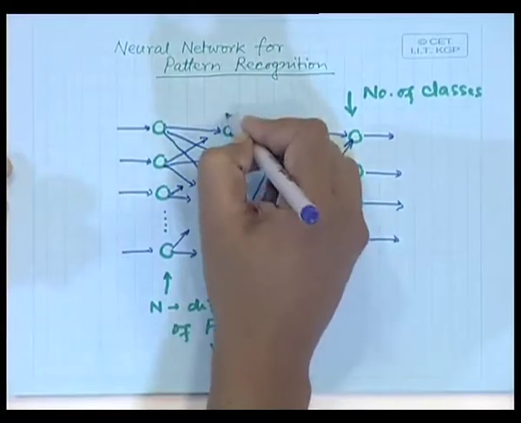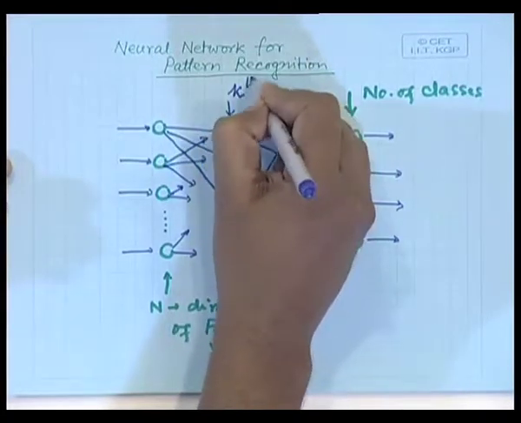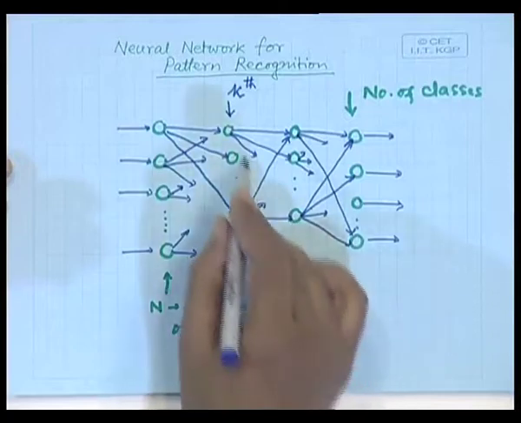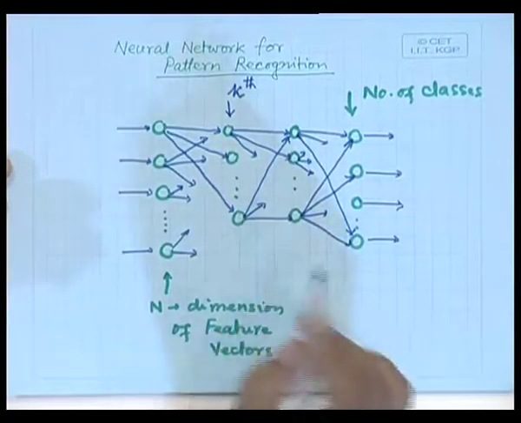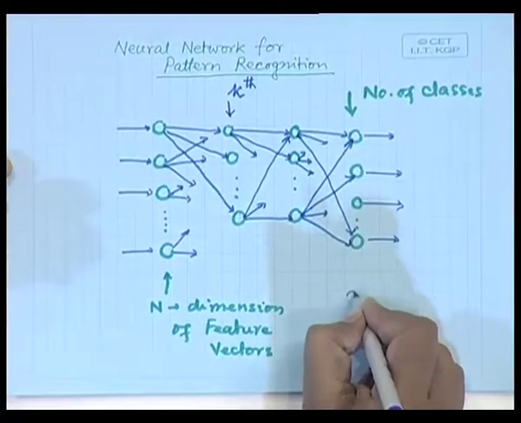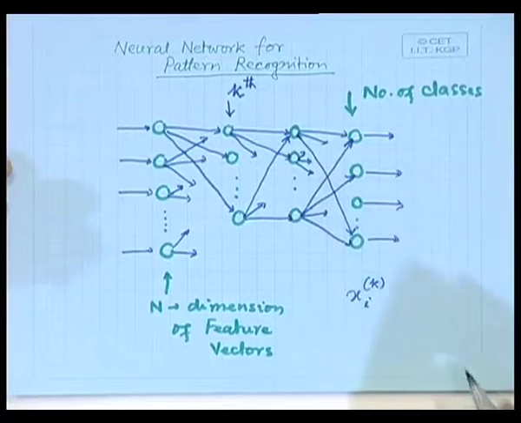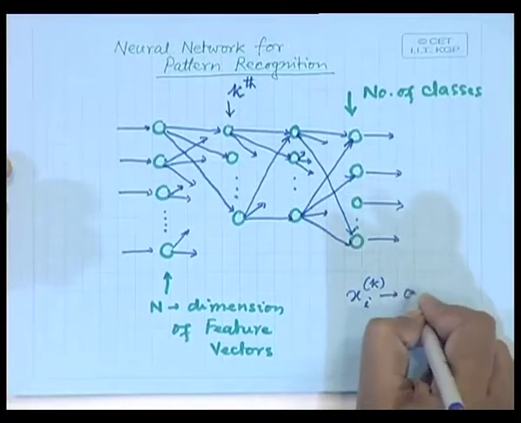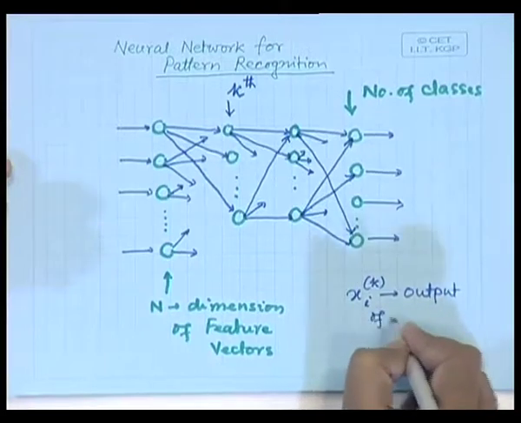So, if I consider a kth layer node, the output of the ith node in the kth layer is represented by x i k.